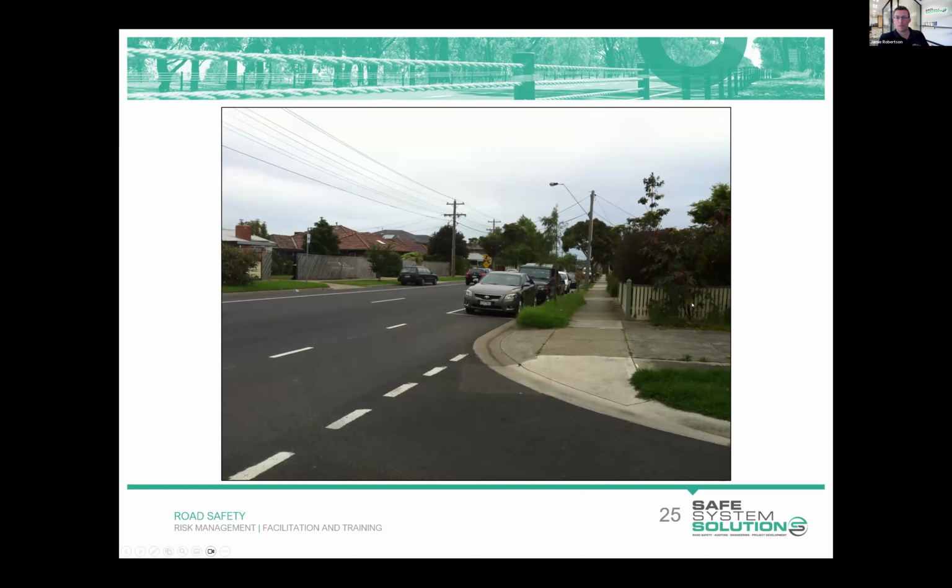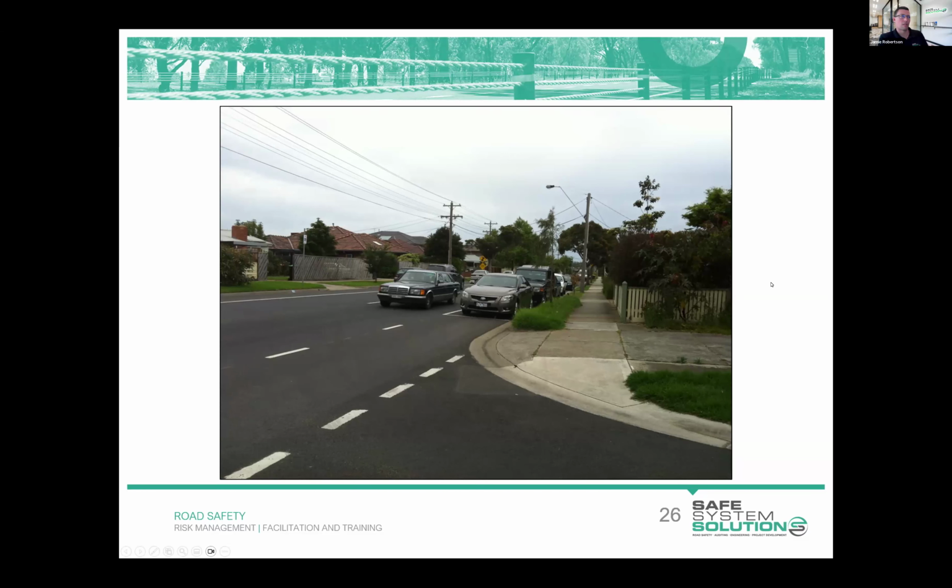But very soon after that project was implemented, a safety issue came to light involving crashes involving vehicles exiting those side roads. And you can see from this image, the parked vehicles very close to the intersection. It's very difficult to see past those, and a fraction of a second later, a vehicle is upon you.